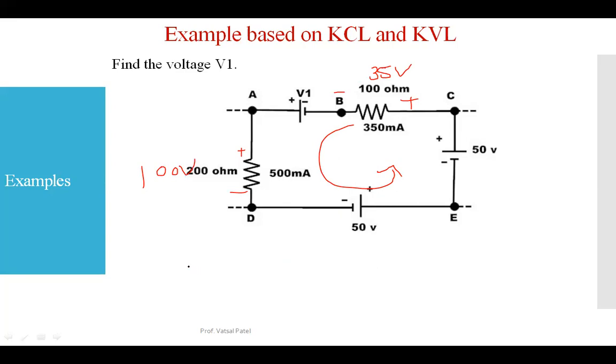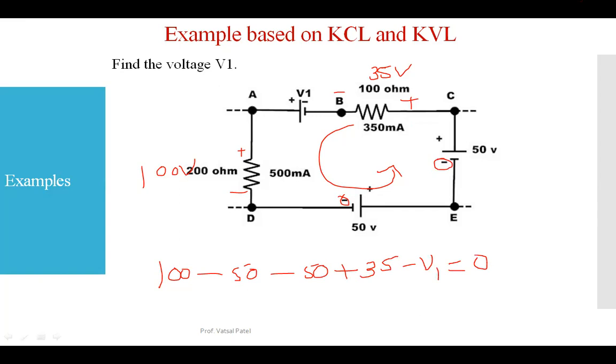If we start with this plus 100 volt, then the minus polarity comes first, so minus 50, then minus 50 again in the anti-clockwise direction, plus 35 volt, minus V1 is equal to 0.